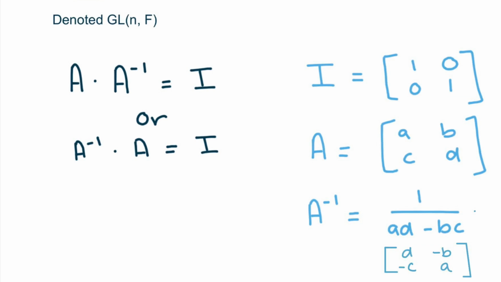But if ad minus bc does equal 0, A inverse will not exist, because we'll have 0 in the denominator. Therefore, we say that A is invertible if the determinant ad minus bc does not equal 0.